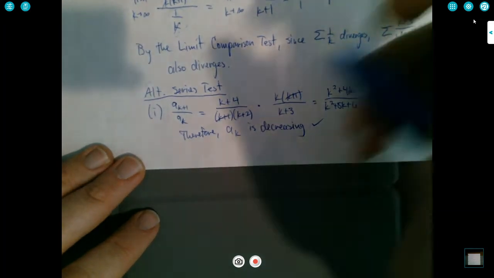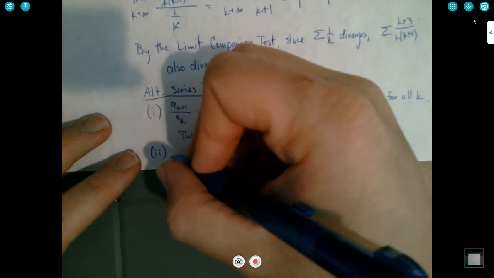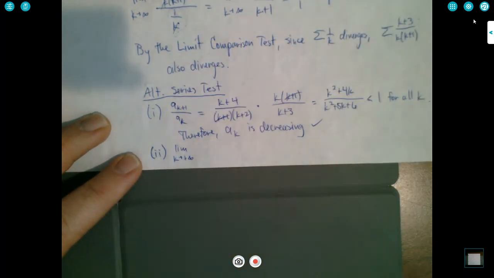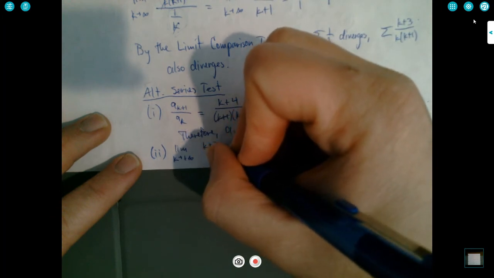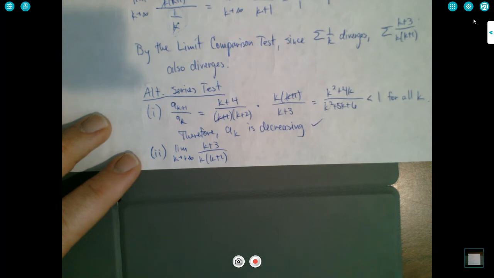We've shown that the a_k's decrease. The second condition is we need to look at the limit as k goes to positive infinity of k plus 3 over k times k plus 1. And we need to make sure that this thing goes to 0. It does, right?